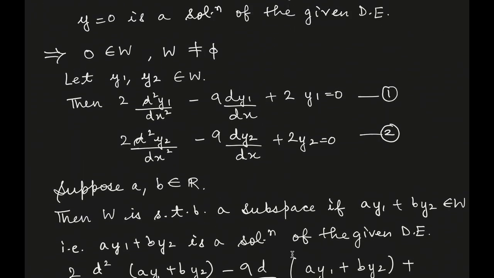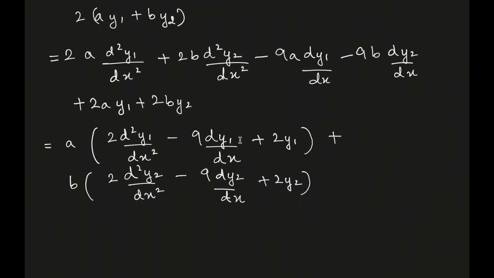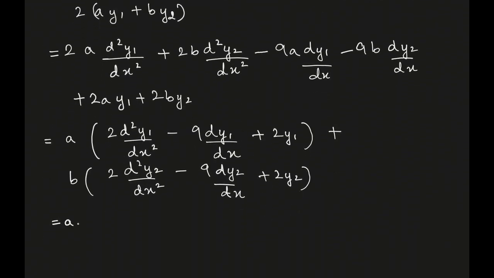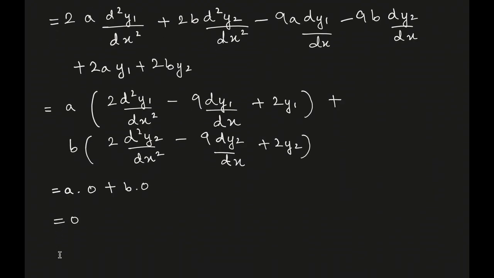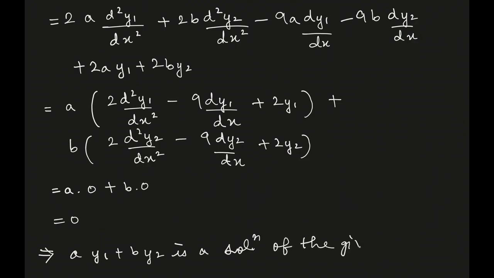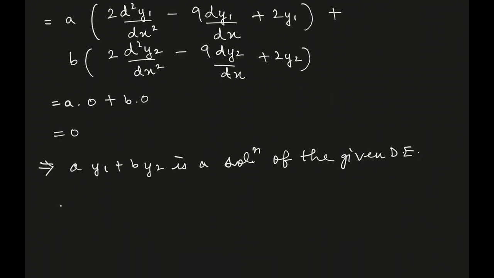And since both brackets are 0, a into 0 plus b into 0 is 0, which means that a y1 plus b y2 is a solution of the given differential equation. So W is a subspace.